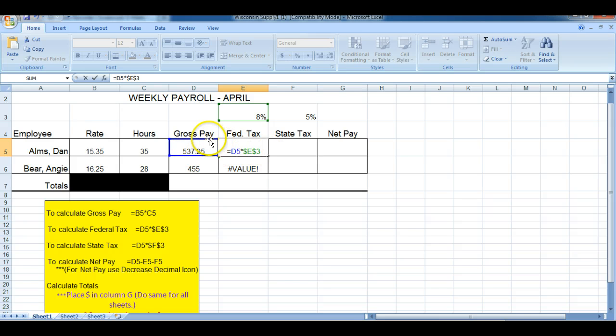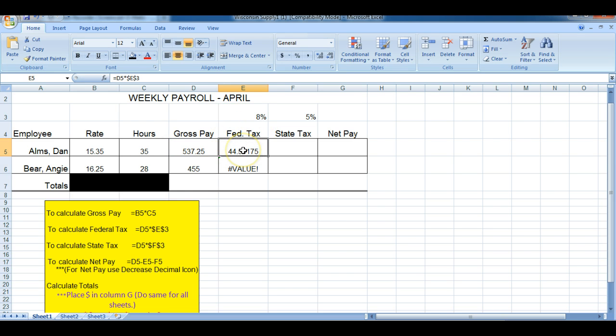You'll have a colored line around D5, and you'll have a colored line around E3. This is to let you know you have the correct cells multiplied together. So you need to remember that the dollar sign here is freezing 8%. Okay, go ahead and enter.